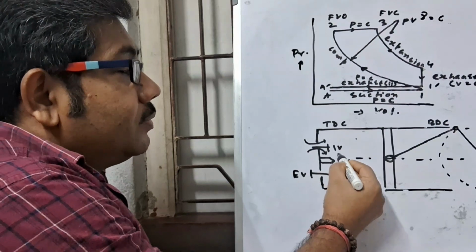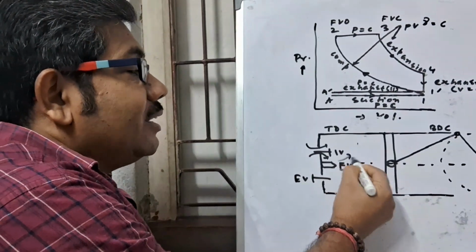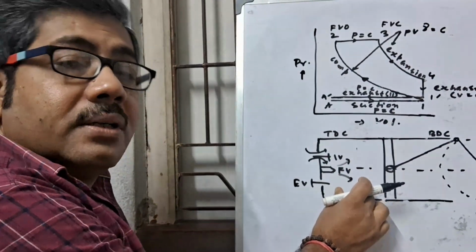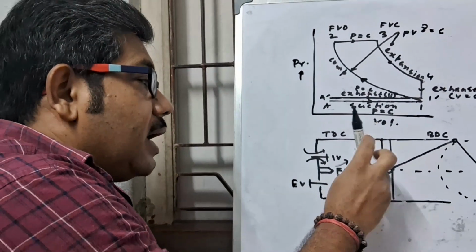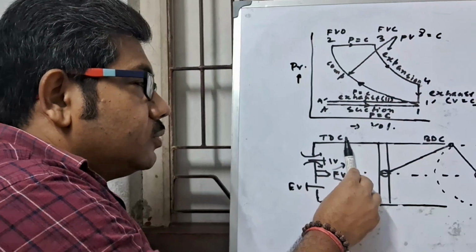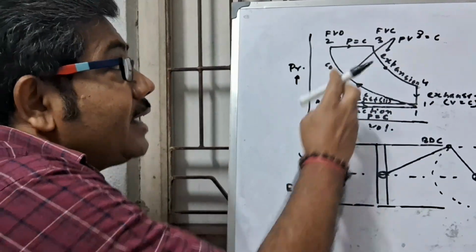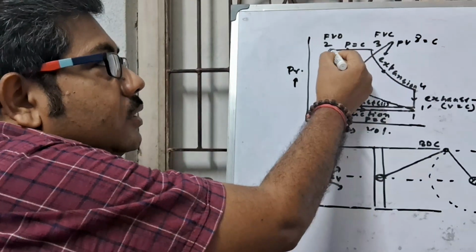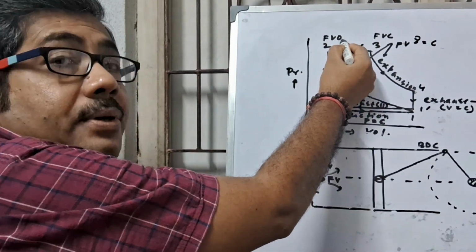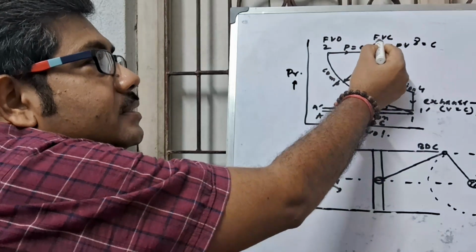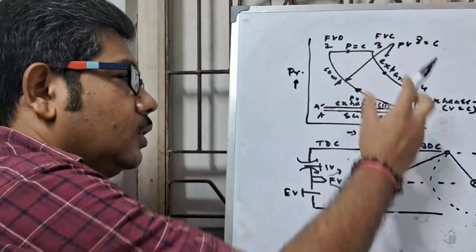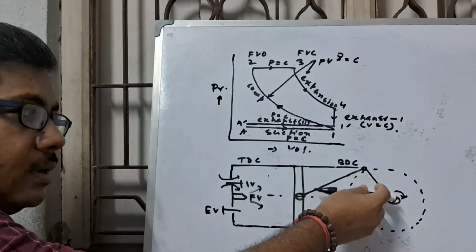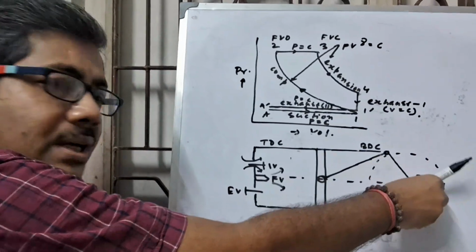Then the fuel valve injects diesel oil in the form of spray, and combustion starts and continues up to TDC at constant pressure. Here 2 to 3 is at constant pressure, point 2 is fuel valve open, FVO, and point 3 is fuel valve closed.